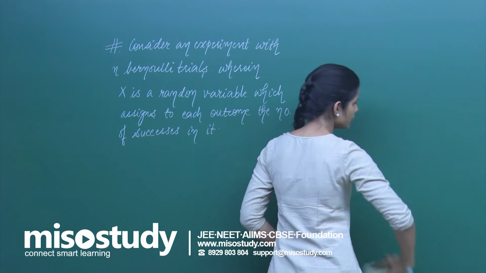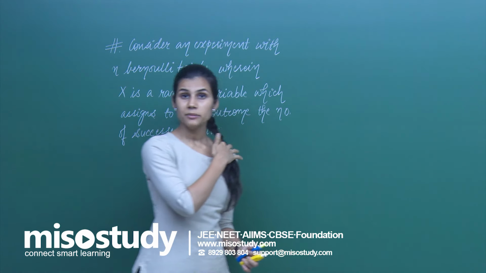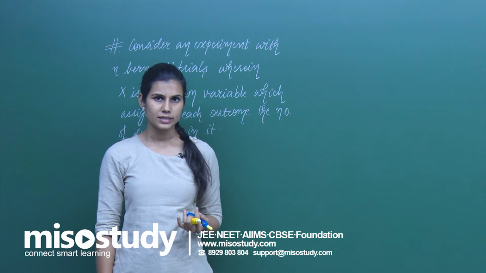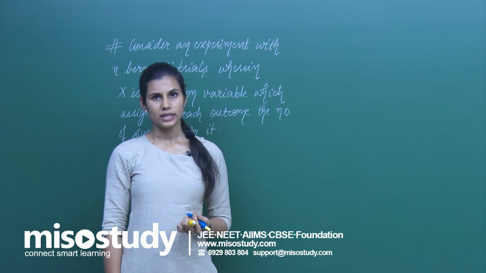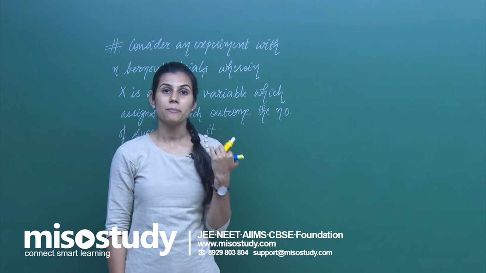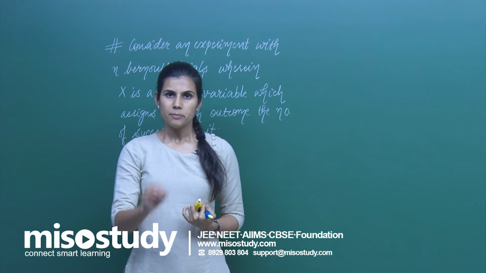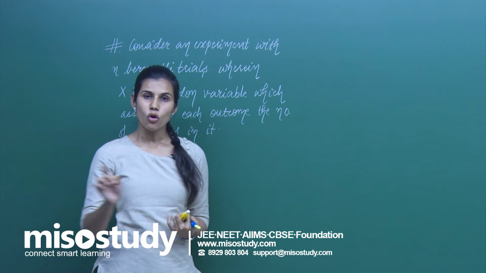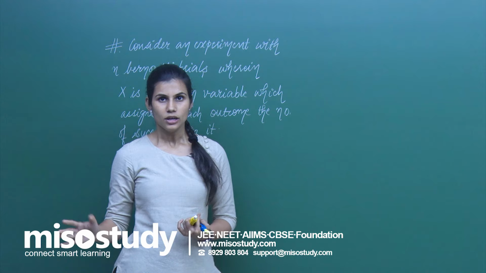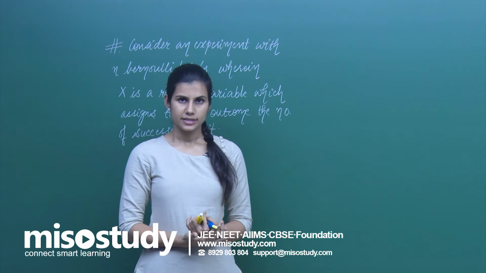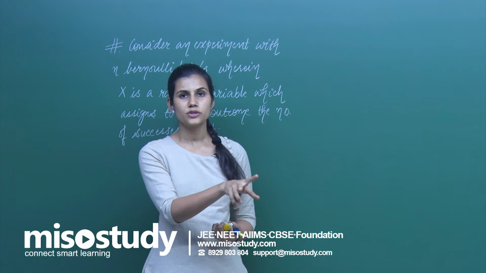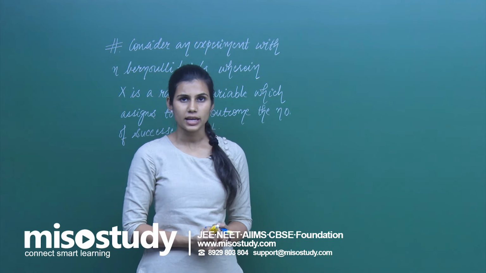Now, if a random experiment of 5 Bernoulli trials, or say n Bernoulli trials, is being performed, how many successes minimum and how many successes maximum can you get? At minimum, it can happen that in all the trials you are getting failure and therefore no success occurs. You can have exactly 1 success occurring. Then you can have 2 successes occurring when in any 2 of the trials you are getting success and in the rest of the time you are getting failure.